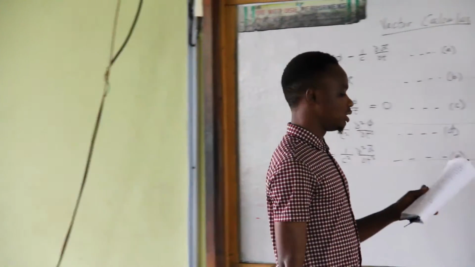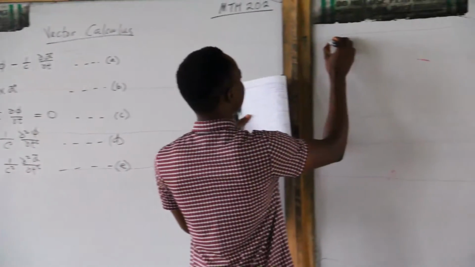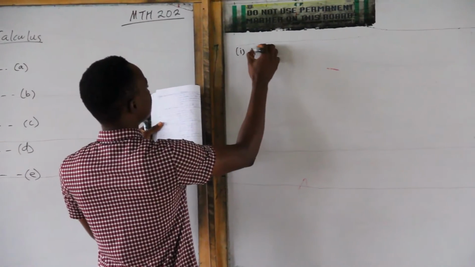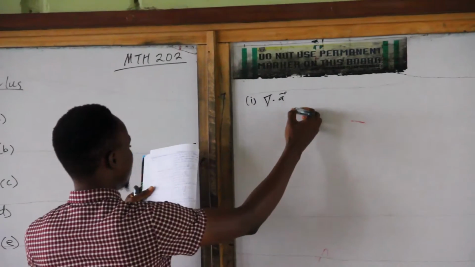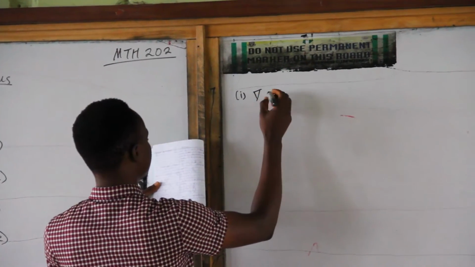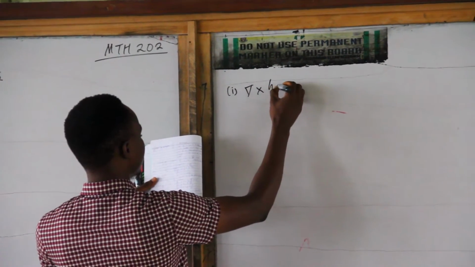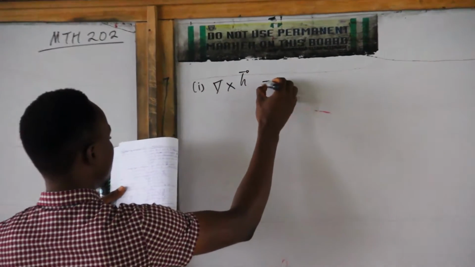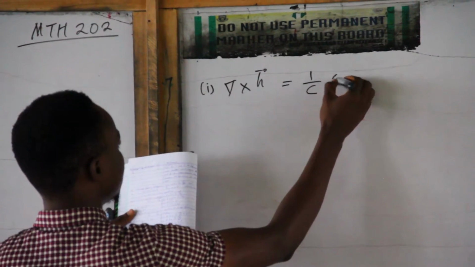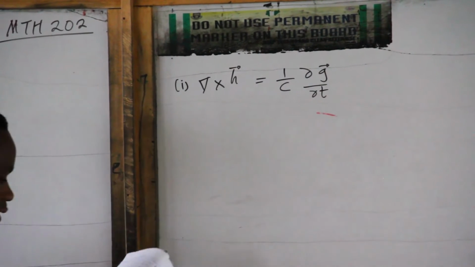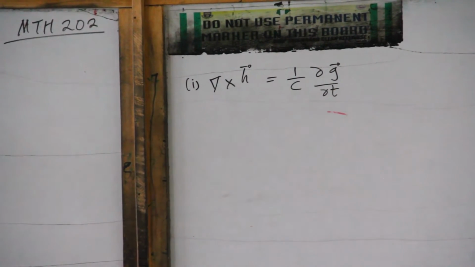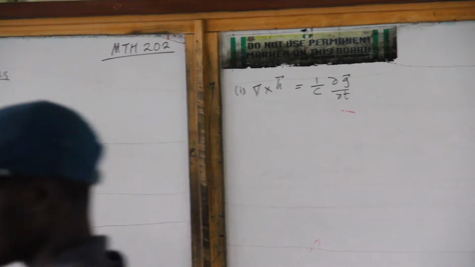So we will use all of this to establish the first statement. The first one is we want to show that nabla cross H equals 1 over C del E del T. What is it? Minus phi.